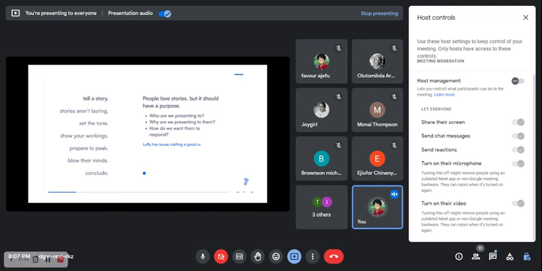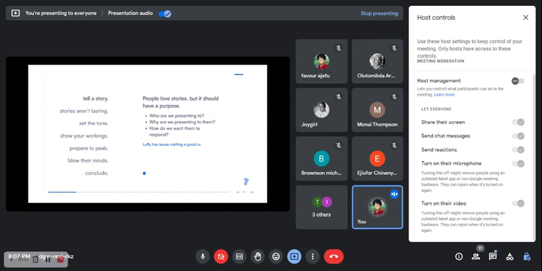So if we are putting that in the context of presenting our work to others, in this case, we are going to be talking about our work being our case studies, yeah?